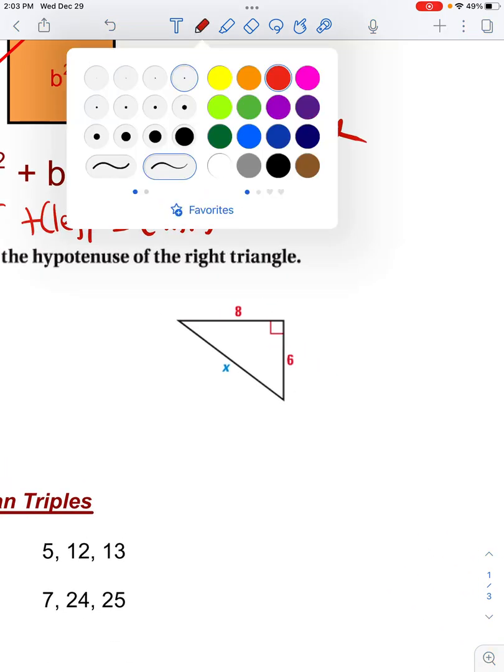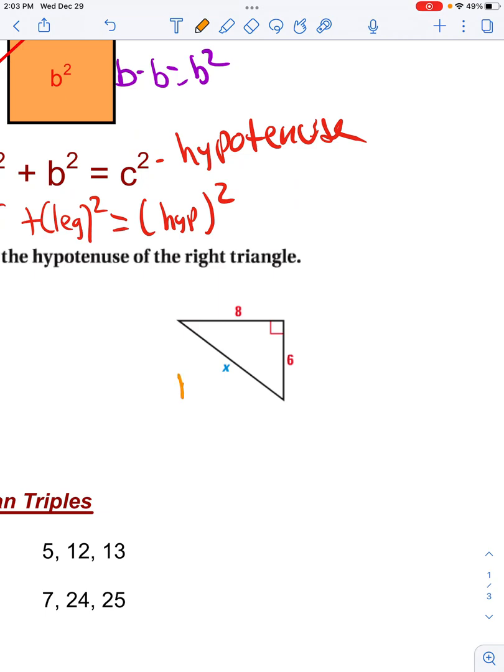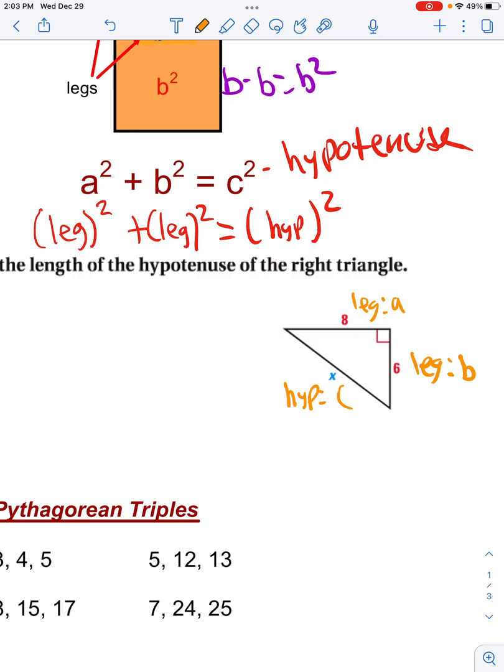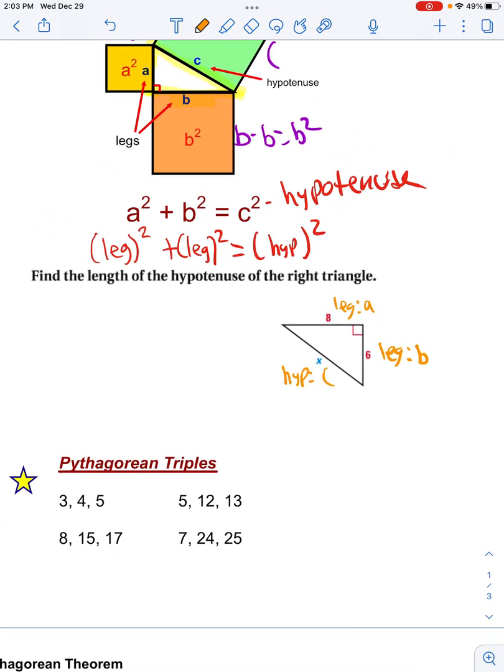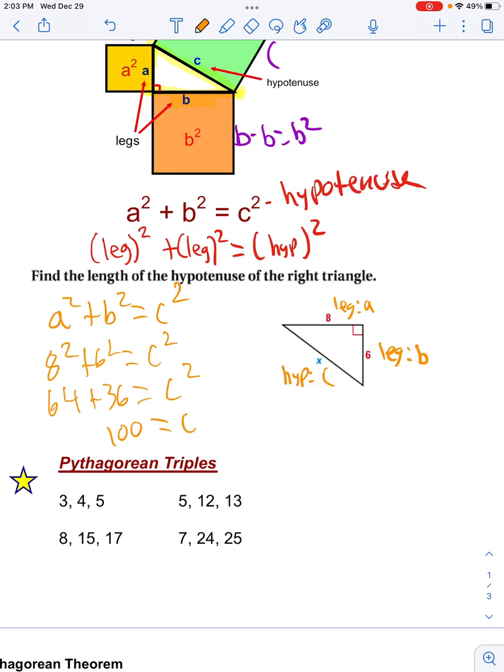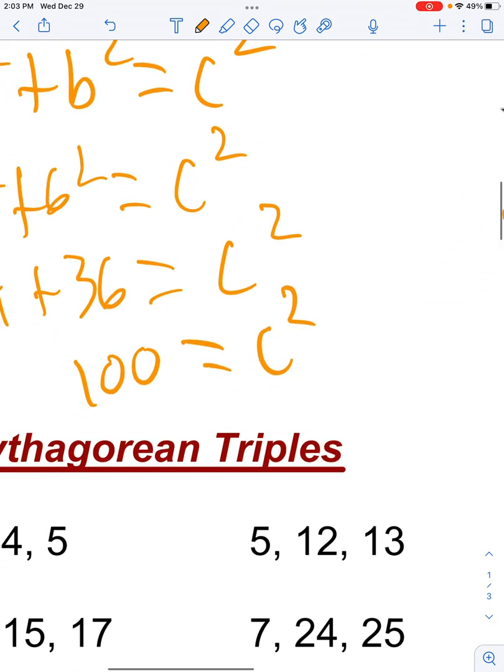So if we take a look at this one, I have to identify my legs. Across from the 90-degree angle is my hypotenuse, and this is a leg, and this is a leg. If you called this one A and this one B, this would be C. So whether it's leg squared plus leg squared equals hypotenuse squared, or A squared plus B squared equals C squared, you're going to get 8 squared plus 6 squared equals C squared. 64 plus 36 equals C squared. 100 equals C squared.